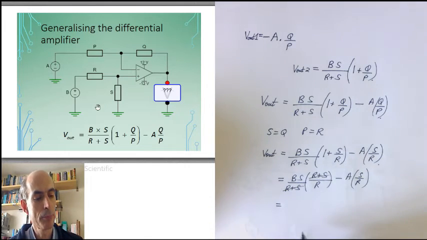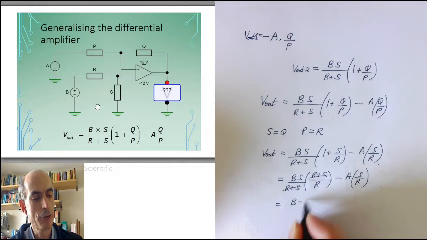Those two cancel. That just gives me B minus A times S over R.